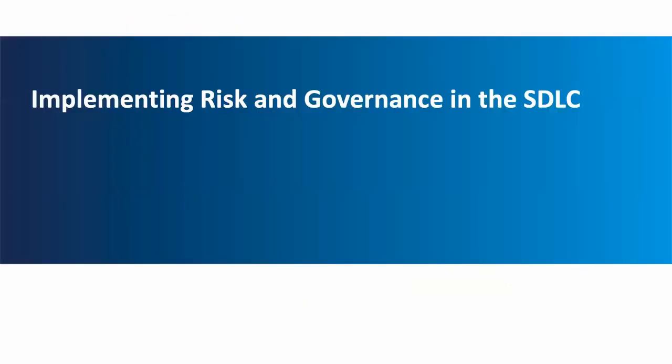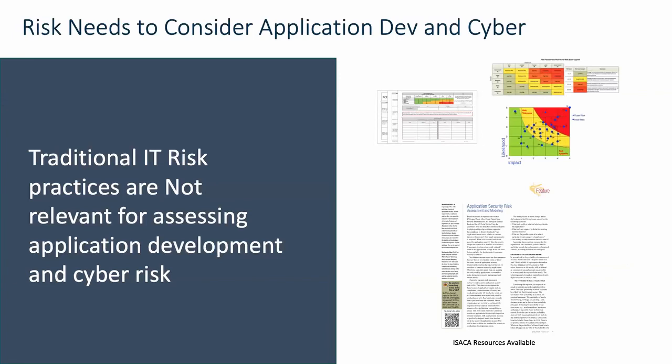Okay, so next we'll go through specifically around governance, risk, and security. And the issue in risk, for example, is that the traditional methods aren't really relevant to application development and cybersecurity.